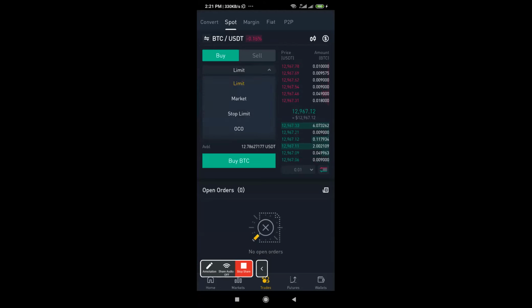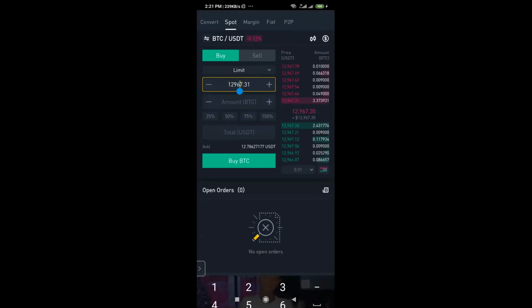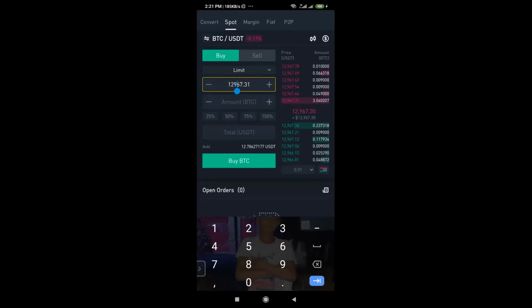There's limits, there's market, there's stop limits. And I want to buy BTC when it drops. So I can change this to 800, right? So I click on 75% of USDT or 100% of USDT.